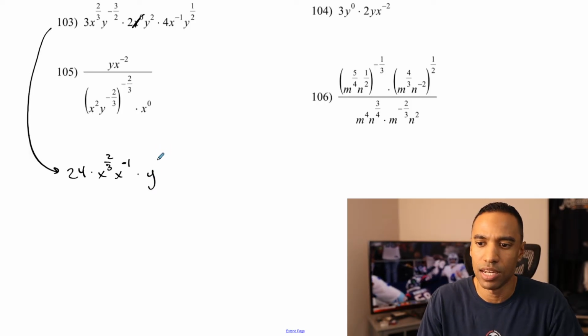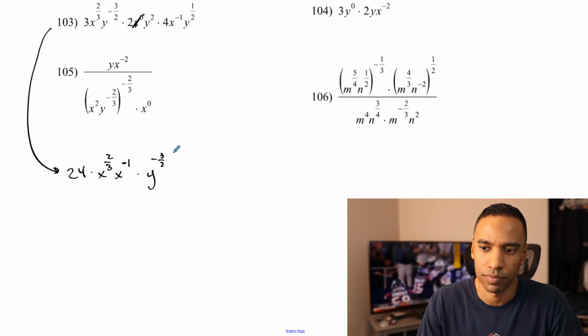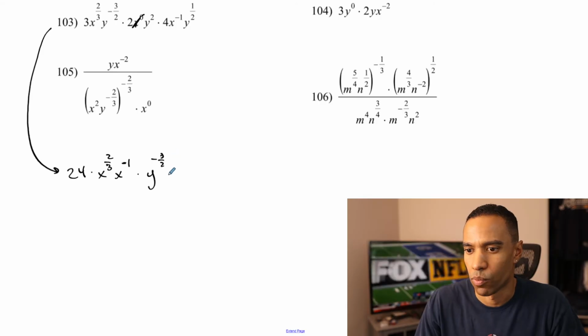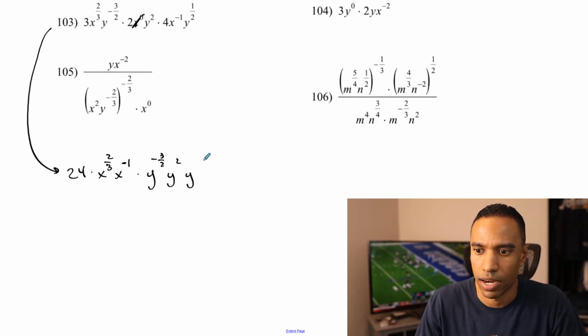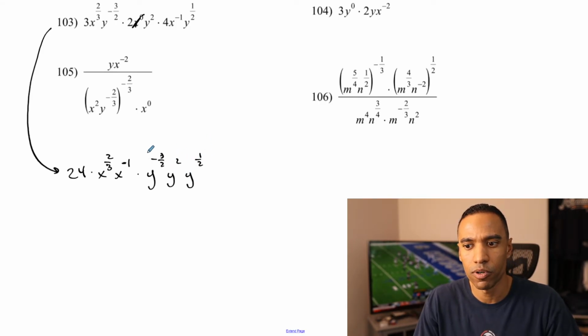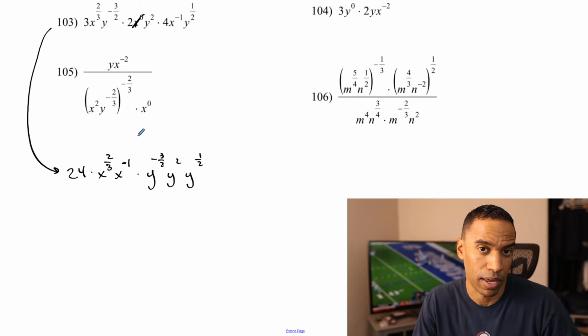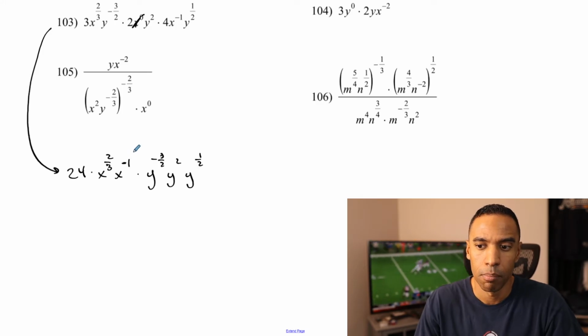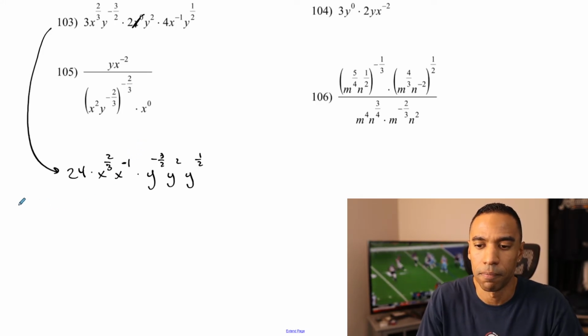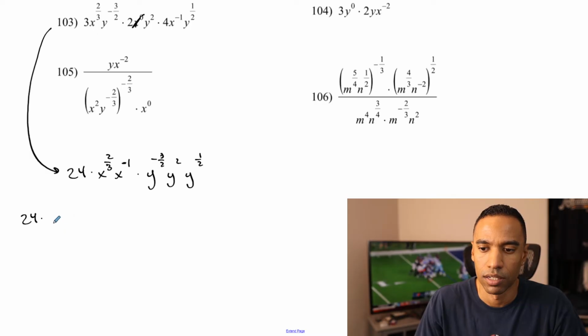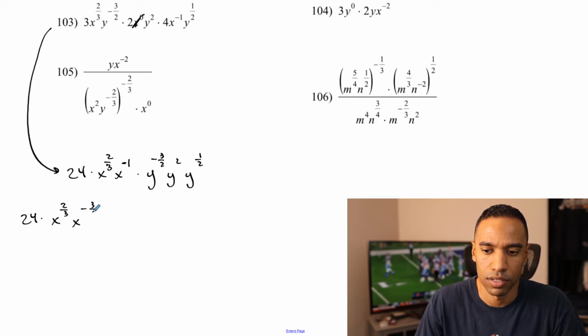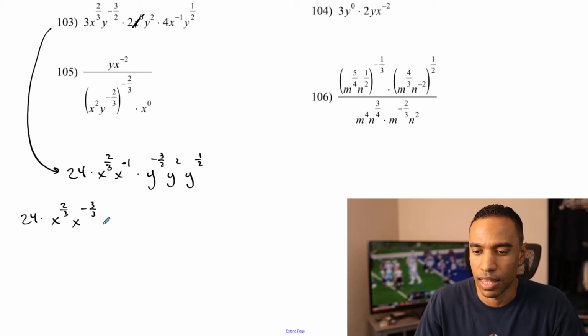I have y to the negative 3/2 times y squared times y to the 1/2. Now these exponents will end up adding together, so I got to do 2/3 minus 1. Some people might know that as negative 1/3 immediately, but if you want a common denominator here, that'll be negative 3/3.